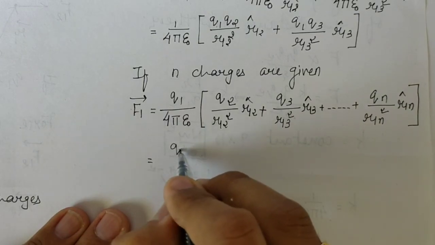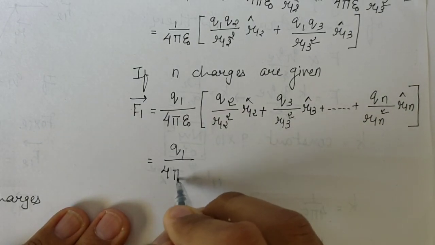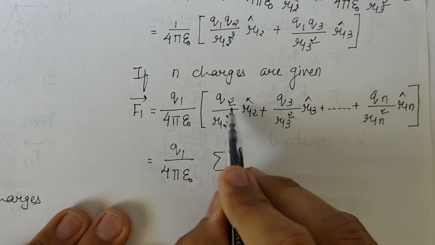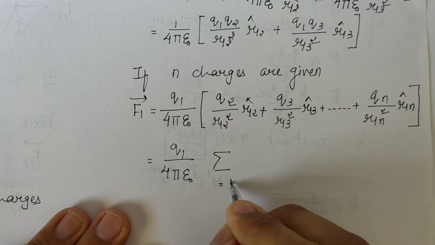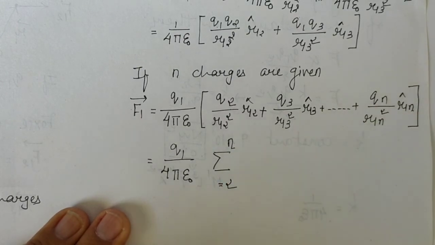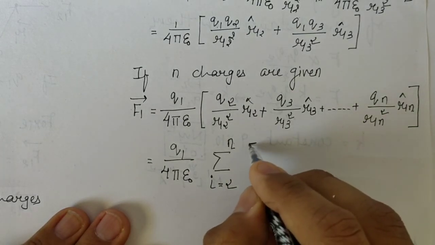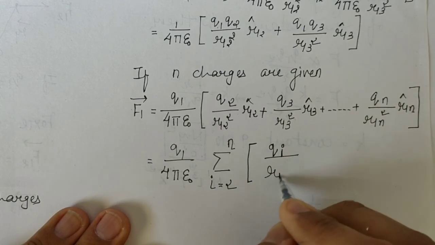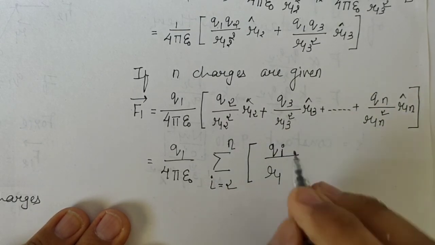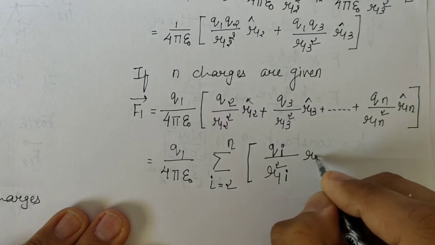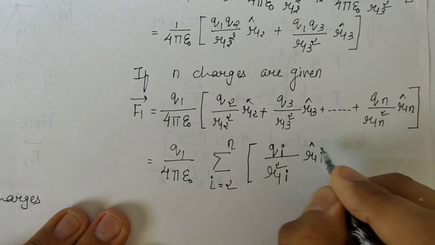This equals, now write in summation form, sigma, starting from 2 and ending at n. We use the notation i; instead of i, you can use j. Qi upon R1i square, R1i caret, with the constant common.